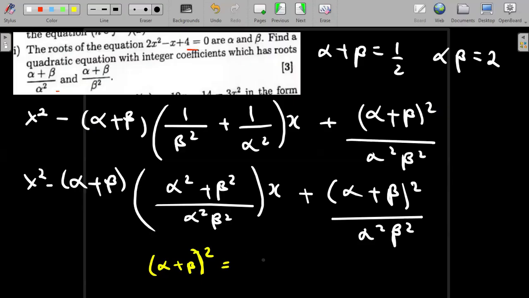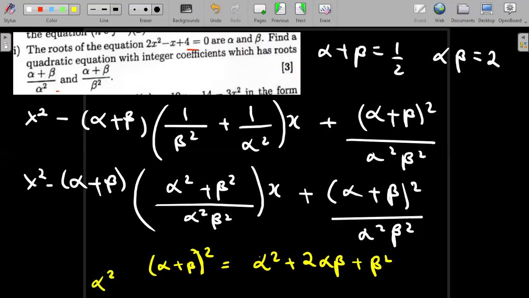When I expand, that's going to be alpha squared plus 2 alpha beta, then plus beta squared. So here I can have alpha squared and beta squared remain, then I take the 2 alpha beta to the other side.